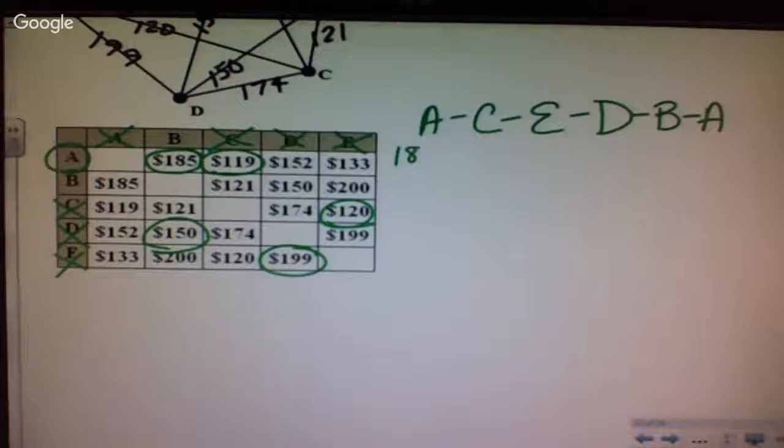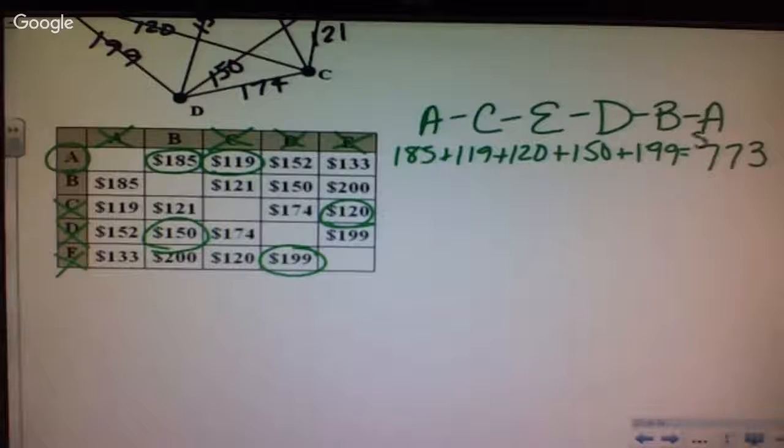So we have 185 plus 119 plus 120 plus 150 plus 199. $773. That's how much money that is. $773. That's about the price of about 2 kilos.